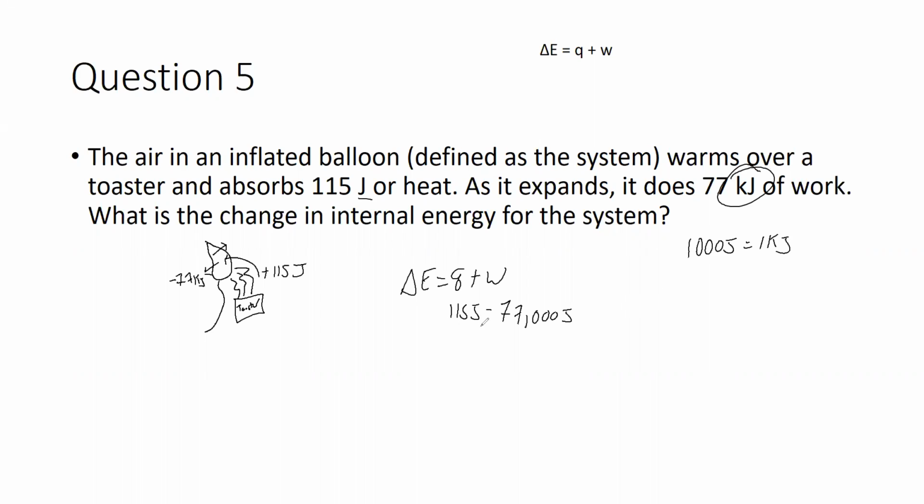So make sure your units are the same. When doing addition and subtraction, you cannot add things of different units. They have to be the same units. That's probably the trickiest part of this one, making sure you're watching your units. And so the answer here is negative 76,885 joules of energy.